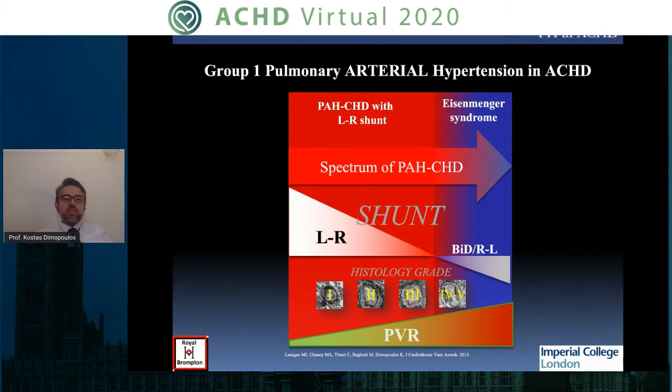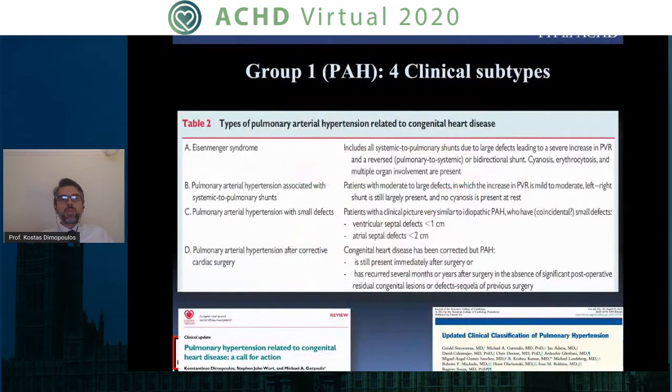It varies from minor rises in pulmonary vascular resistance, possibly in the presence of a large left-to-right shunt, but as disease progresses, the shunt diminishes, the resistances increase, the histological grade increases, and then we can get to the extreme end of the spectrum, which is Eisenmenger syndrome, with usually a bidirectional right-to-left shunt.